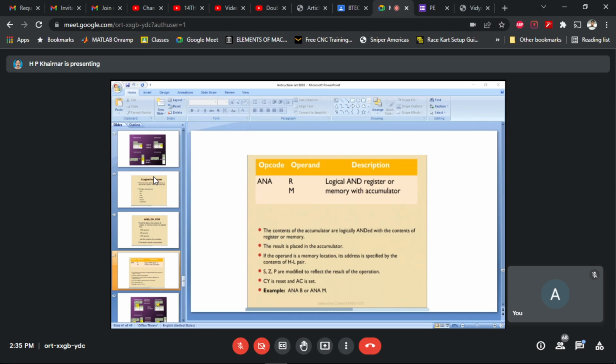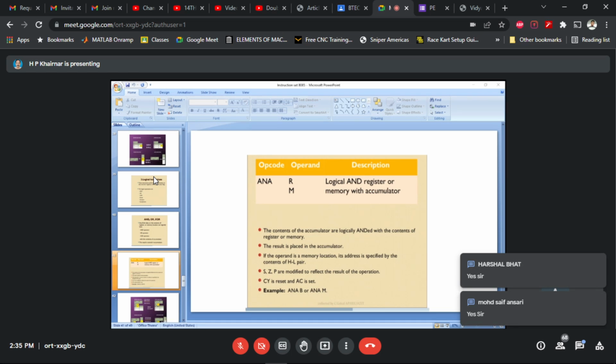Chaitanya, Gufran, Guru Prasad, Harshada, Harshal, Hemant, Ritik, Jaivir Singh, Kaustubh, Kaveri, Manas, Mounil, Mohammad Saif, Mrityunjay, Munda. Present, sir.